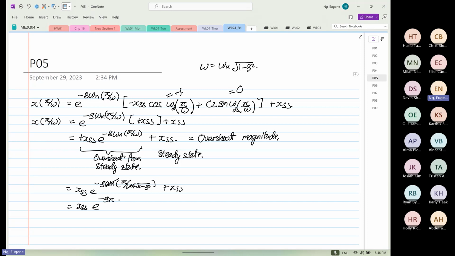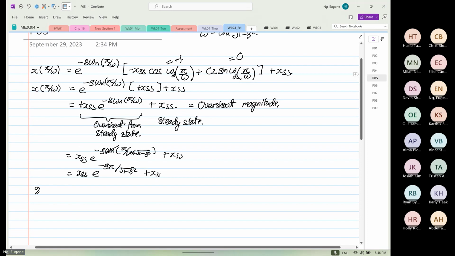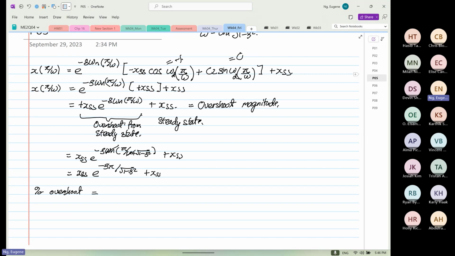Minus zeta pi square root of 1 minus zeta squared, plus XSS. So the percentage overshoot is equal to XSS e^(-zeta pi divided by square root of 1 minus zeta squared) over XSS times 100. There you go. You're good to go.